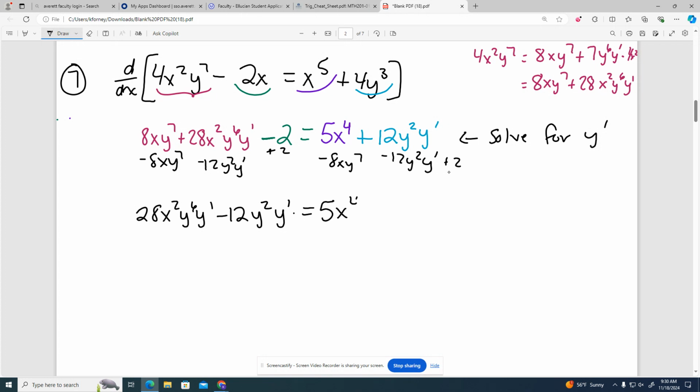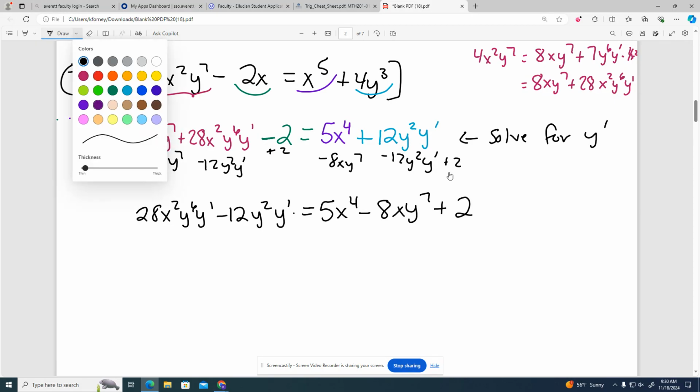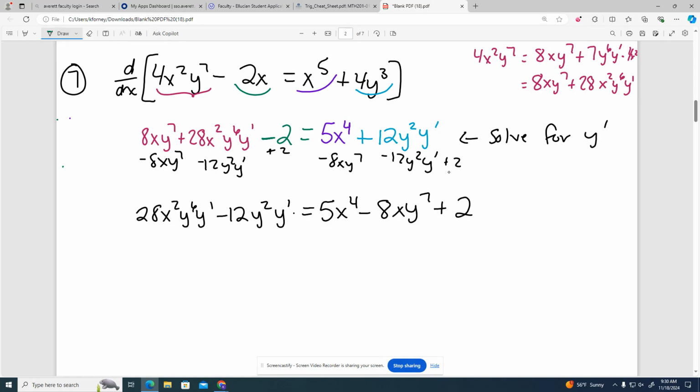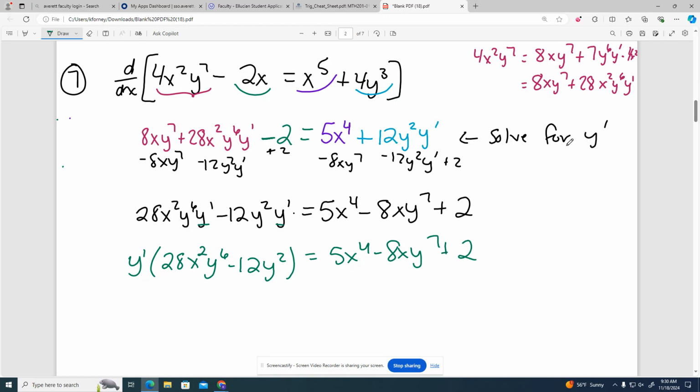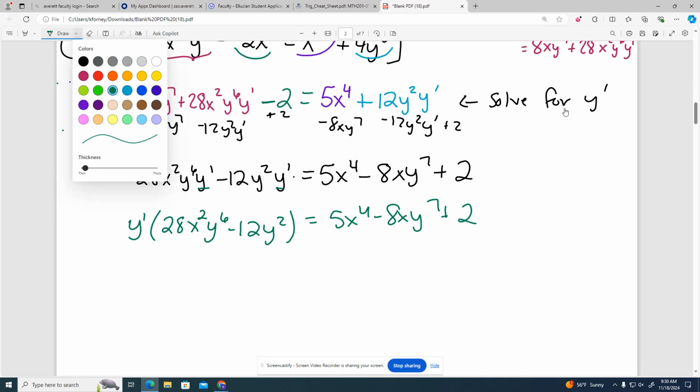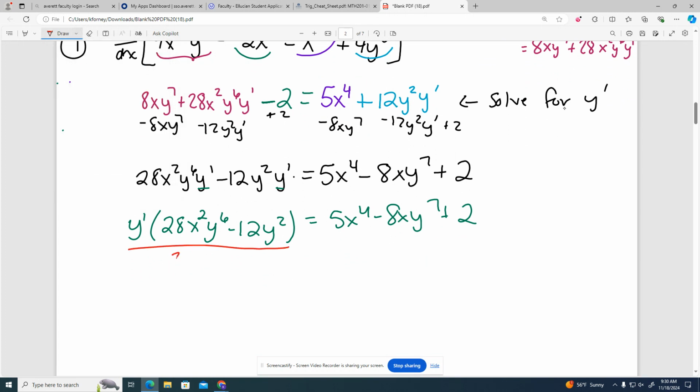Equals 5x to the 4th minus 8xy to the 7th plus 2. Now factor out the y prime. And then lastly, divide by that binomial.